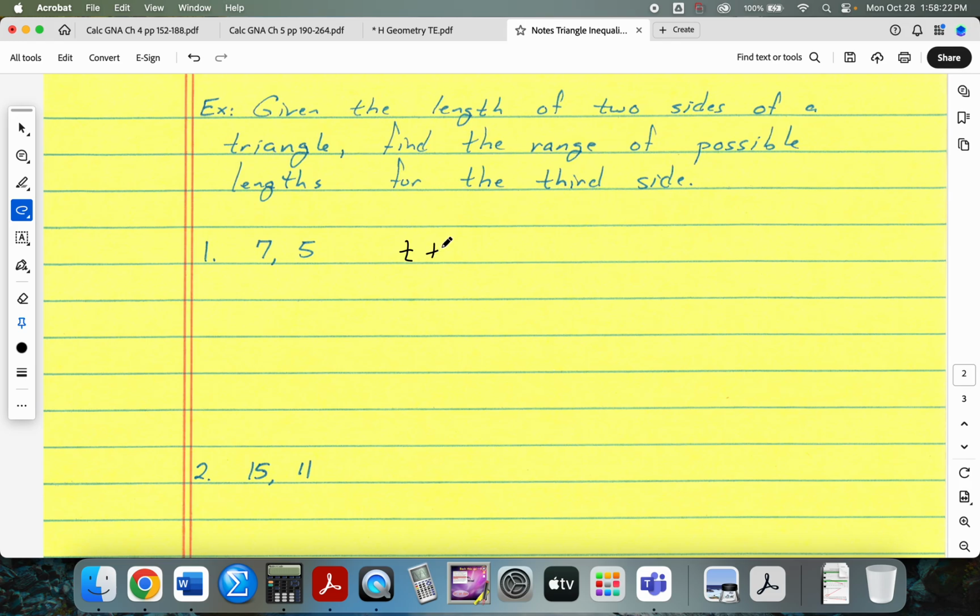So T plus 5 has got to be greater than 7. And we're going to solve this. T is greater than 2. So T's got to be bigger than 2. It can't be equal to 2. It's got to be bigger than 2.